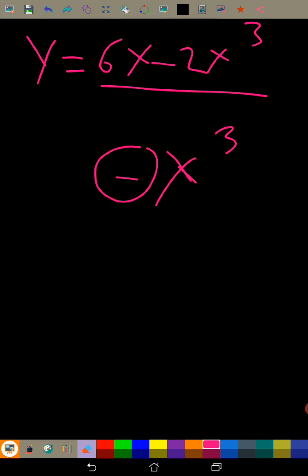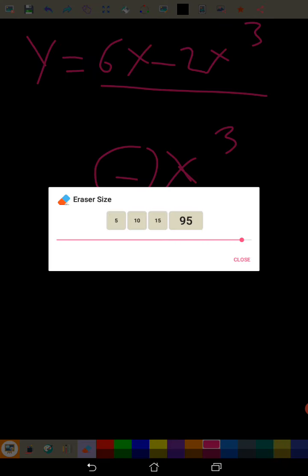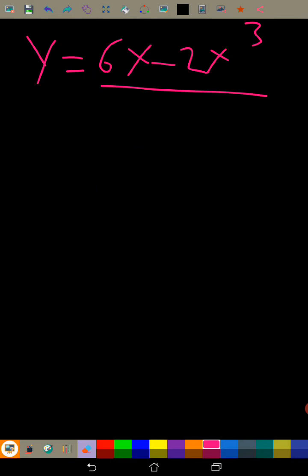So what do we do then? We have to differentiate it, because we're looking for the coordinates of the stationary points of the curve.